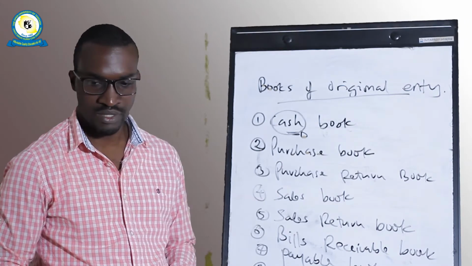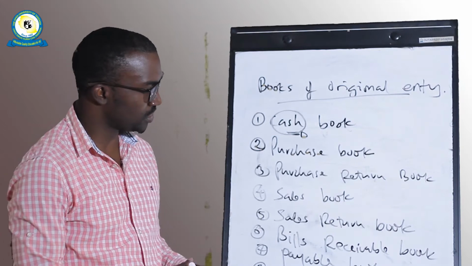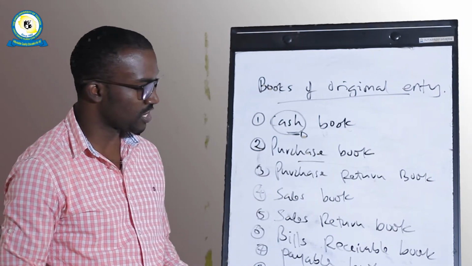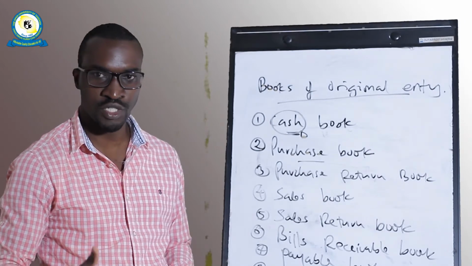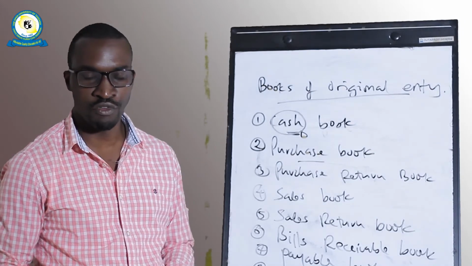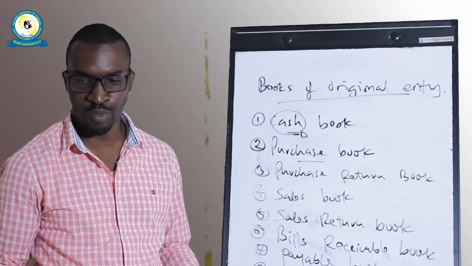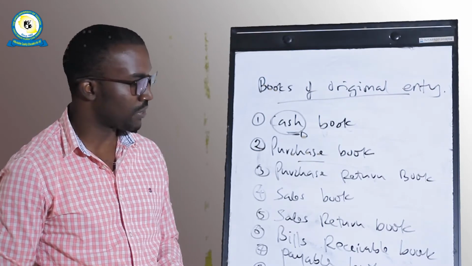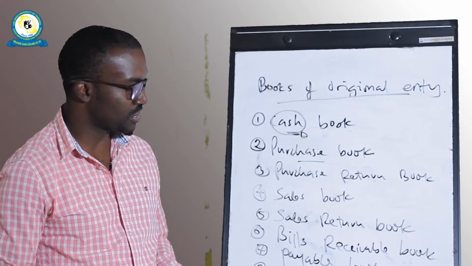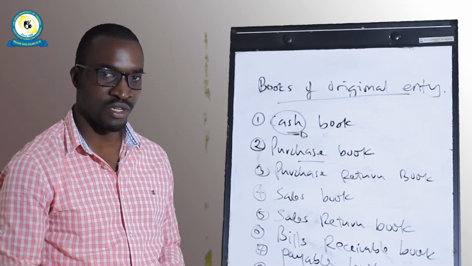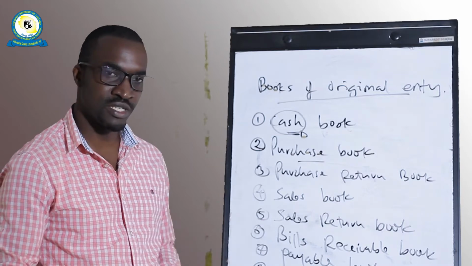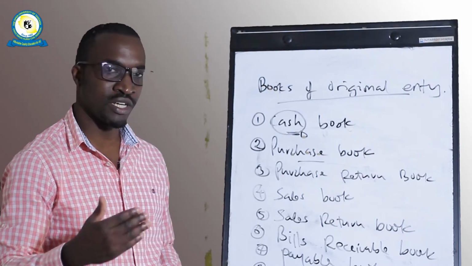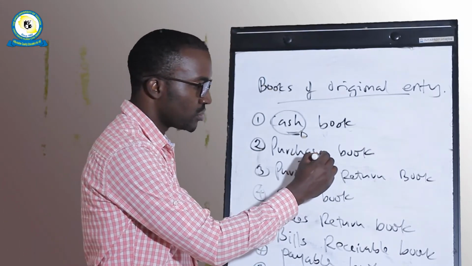But again, we have a purchase book. These names themselves help give you an insight into what kind of information a book will contain. For example, the name purchase book: it is a book which records credit purchases of goods of a company. Sometimes you might make purchases on credit terms, so those purchases are going to be recorded in the purchase book.